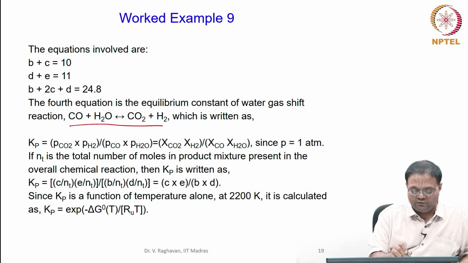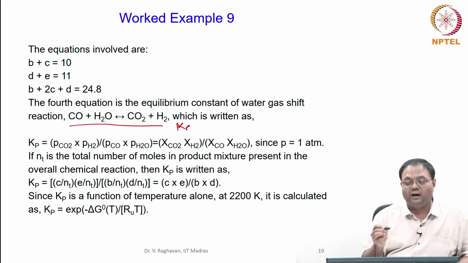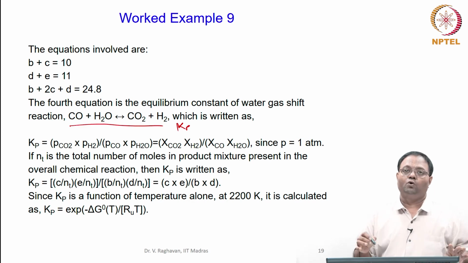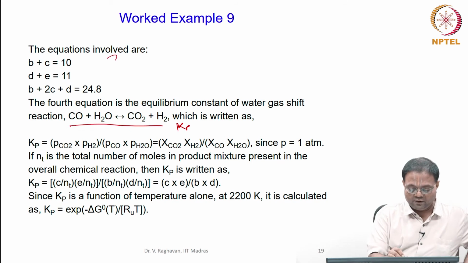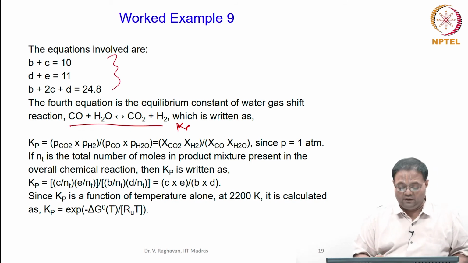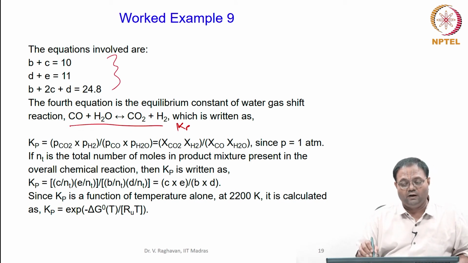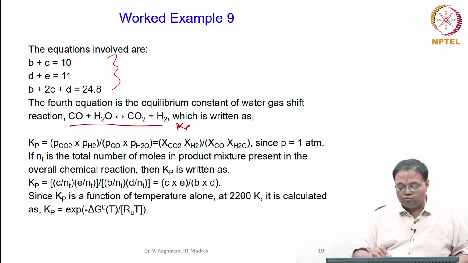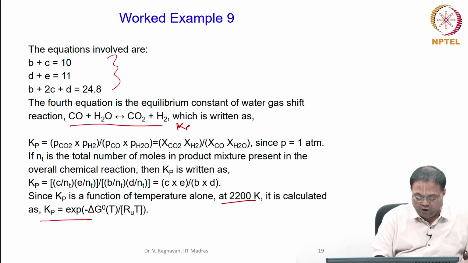If you use this reaction and find the Kp for this, then you can write the Kp in terms of B, C, D, E, which are the 4 unknowns. So apart from the 3 equations from the atom balances, a 4th equation can be generated. Since the temperature is known as 2200 Kelvin, we can calculate the Kp value here.